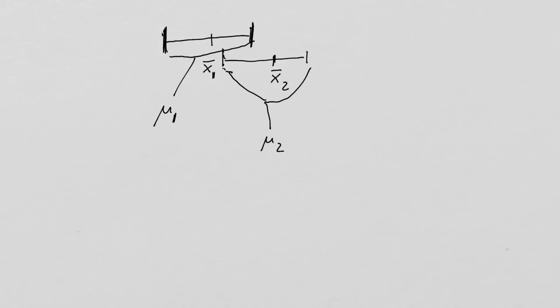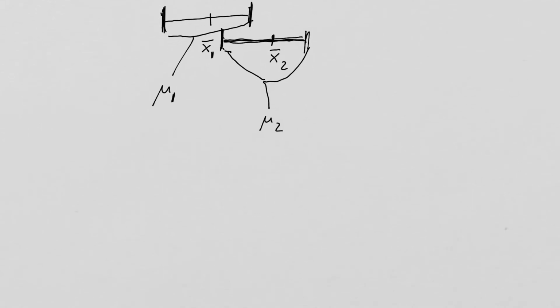And what we see is that there is an overlap between the two. So this, of course, doesn't allow us to immediately say whether we are talking about two different populations, or potentially one population. So we can't actually immediately say anything about it.